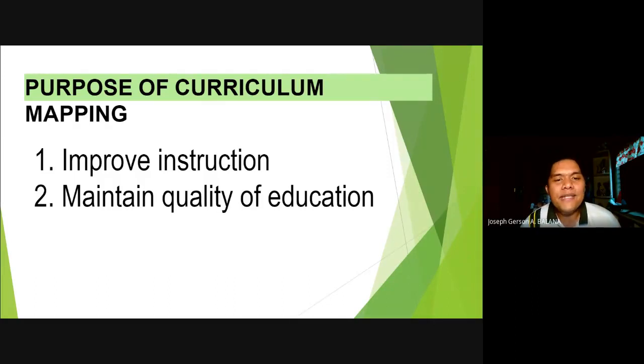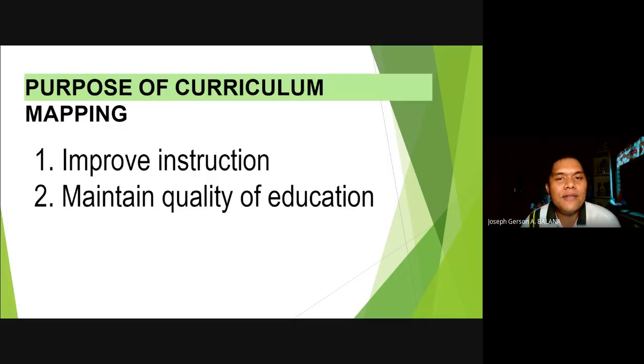So one of the purposes of curriculum mapping is to improve instruction. We can improve instruction because once we get the results of the assessment, we can go back to, if the results are favorable, they achieve the intended outcomes, the objectives, and the goals.